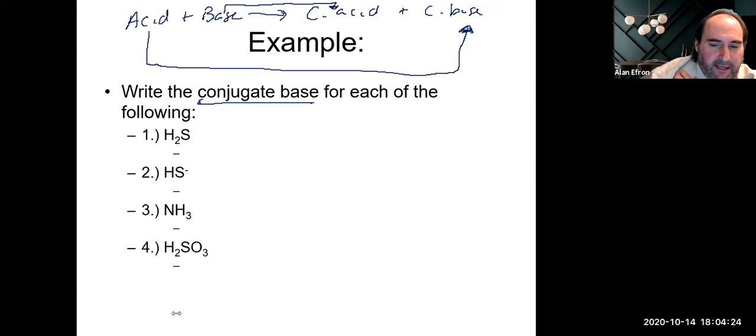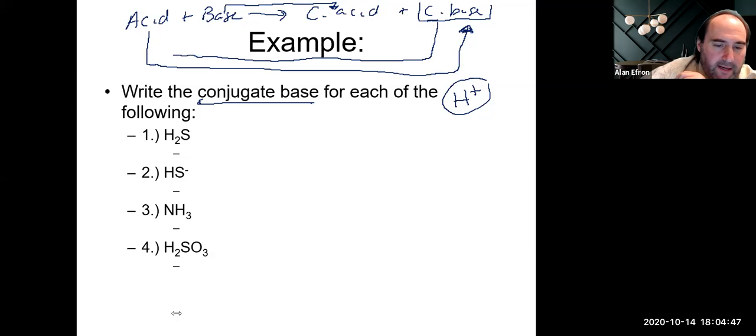So really the key is I need to do something with an H plus. I need to decide, should I put it on or should I take it off? What's going to allow you to determine that is sometimes it's helpful to think backwards. If they want me to write the formula of a conjugate base, then working backwards, I am starting with an acid.